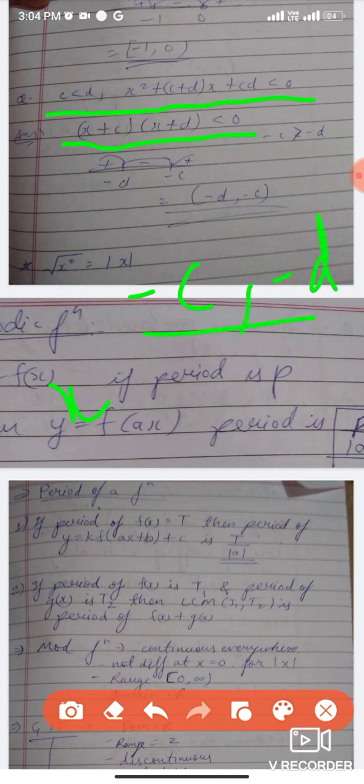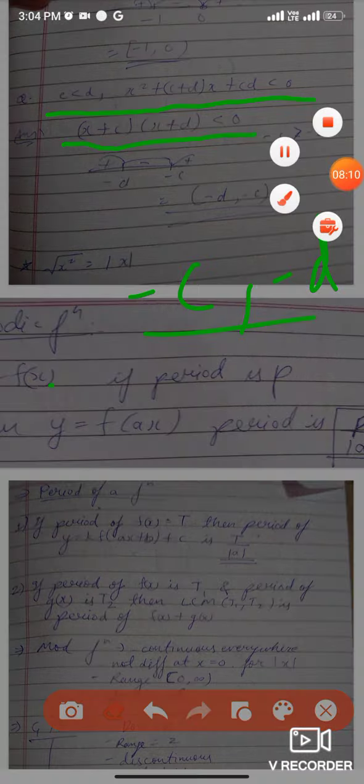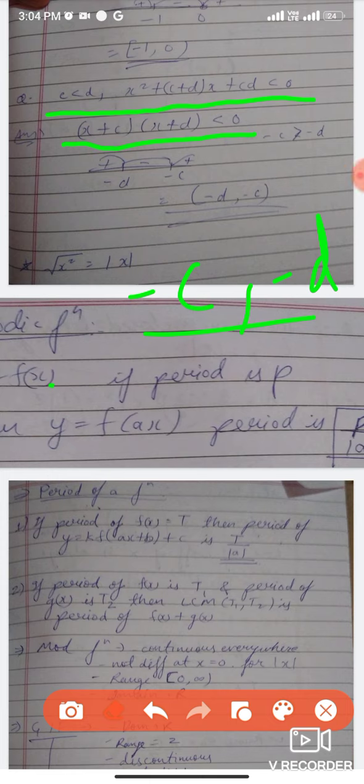Here now you must be in a dilemma about which to put as the smaller number. In these, the constants could be proper constants like 1, 0, -1, 2, but here the constants are not proper constants. These are arbitrary constants, meaning they can take any value. But as you are given in the question that c is less than d, if we multiply both sides by minus, what will happen to the sign?